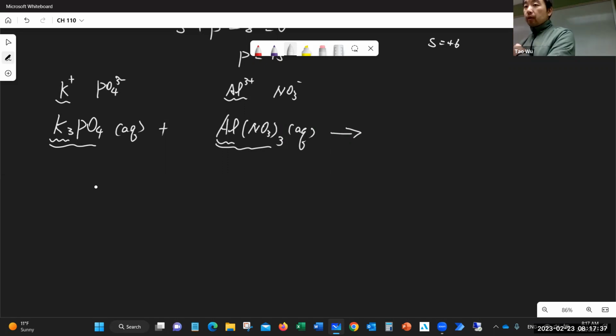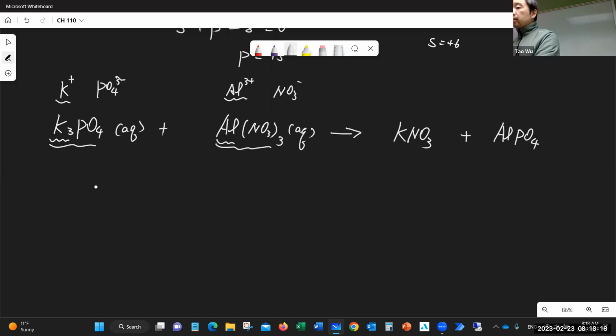So the potassium ion will combine with nitrate, and the aluminum ion will combine with the phosphate. And again, we said the cation always goes first, anion later. Potassium is +1, nitrate is -1, so obviously they're going to make potassium nitrate. And then aluminum is +3, phosphate is -3, so obviously you're going to make aluminum phosphate like this, right?